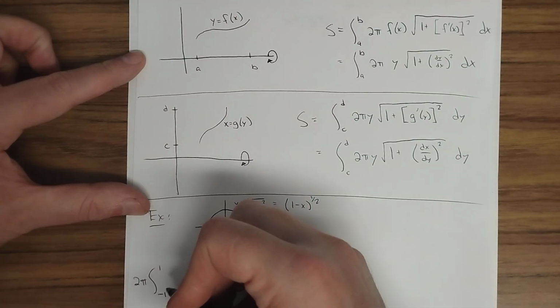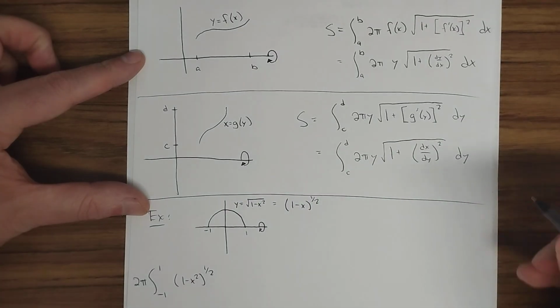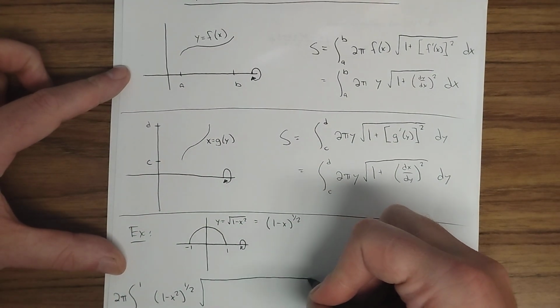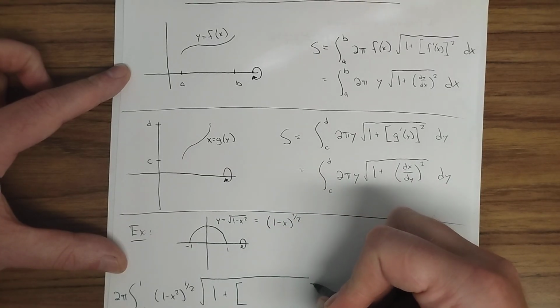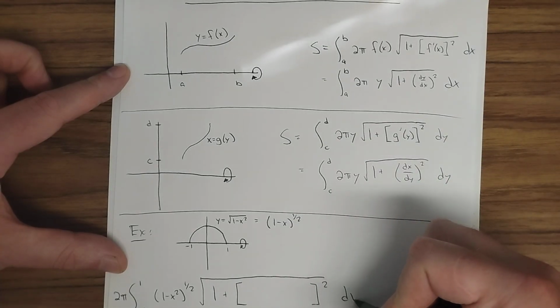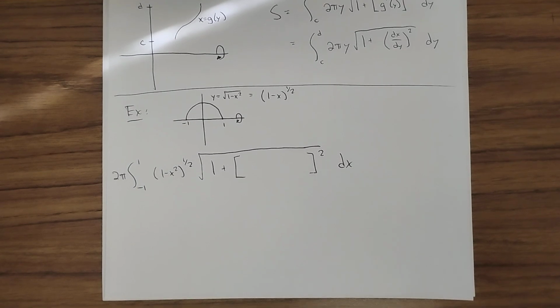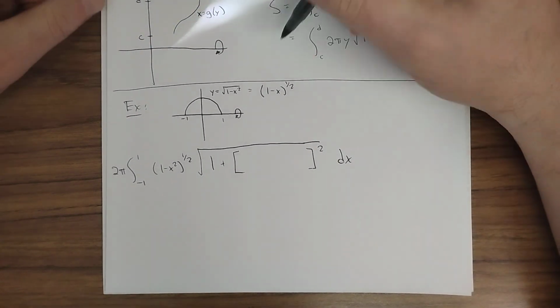I have my f of x, so that's this. And then I have the square root of 1 plus f prime of x squared. So I'm going to fill in that blank with f prime of x.